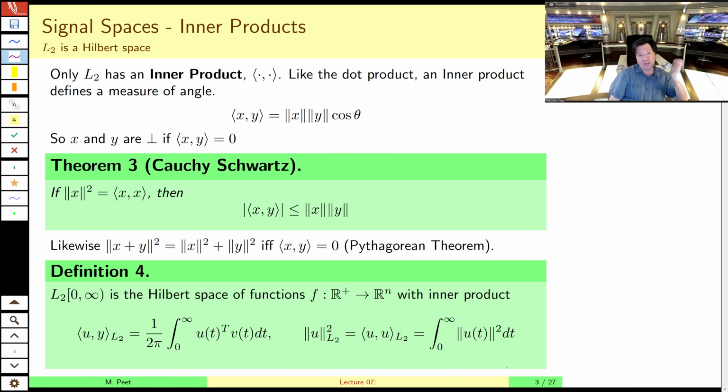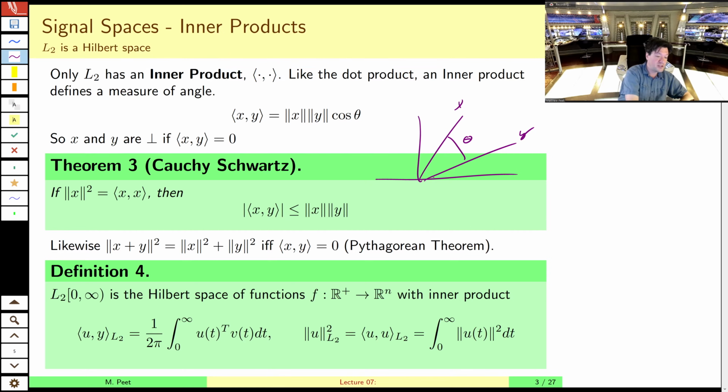And in particular, vectors have a very clear notion of perpendicularity, of angle between vectors, right? If I draw a picture, here's vector 1, here's vector 2, or x and y, maybe better, right? It's very clear to me that there's a notion of angle between those two vectors, how close they are to each other.